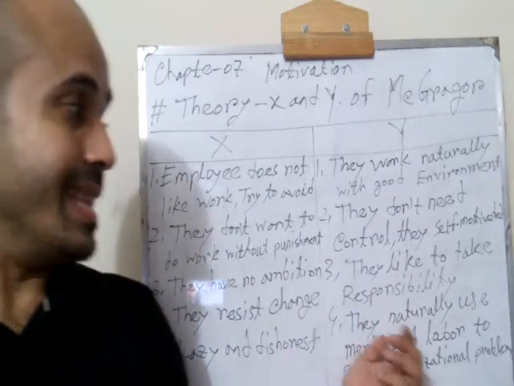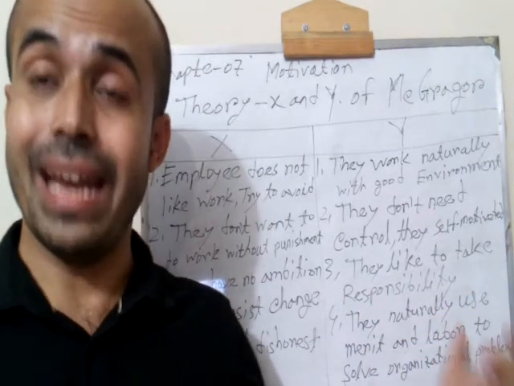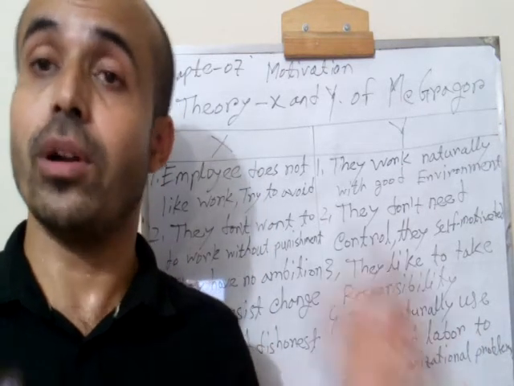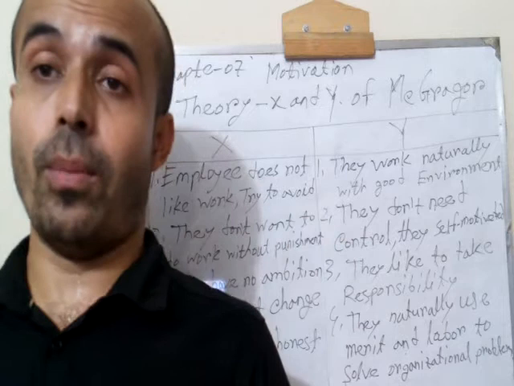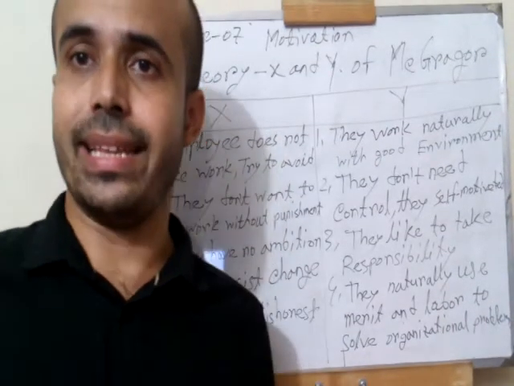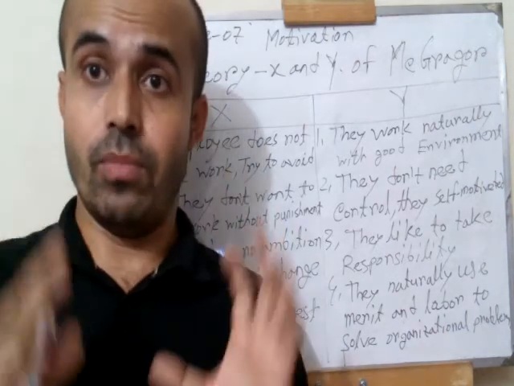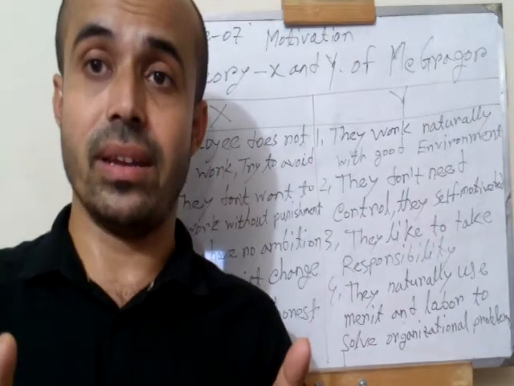Then coming to the point that they naturally use merit and physical labor to solve any situation, any problem of the company. Do you know, in an organization, when the company is facing a problem, the people working there give their 100% to solve it.